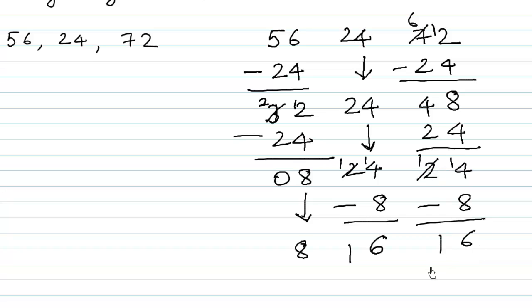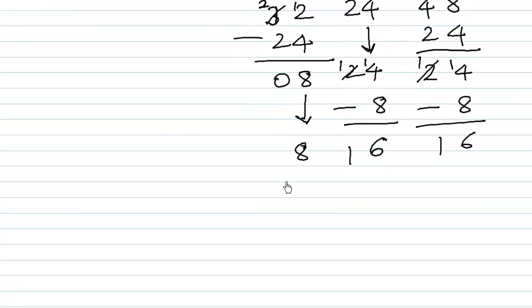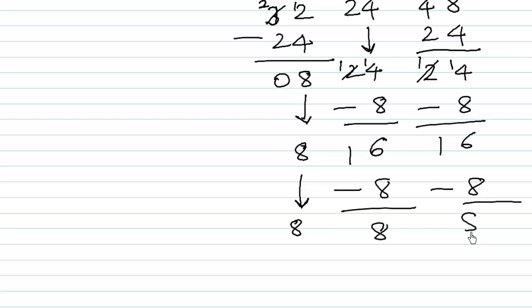And we have 1. So 24 minus 8 is 16. And now, which is the smallest number? It's still 8. Write down 8 as it is, don't subtract it from 8, and subtract 8 from the other two numbers. So we have 16 minus 8 is 8, 16 minus 8 is 8, and since we now have equal numbers, this is the HCF of the three numbers.